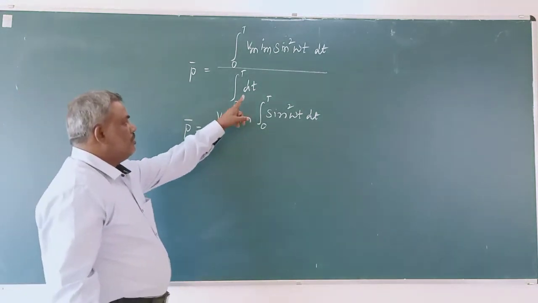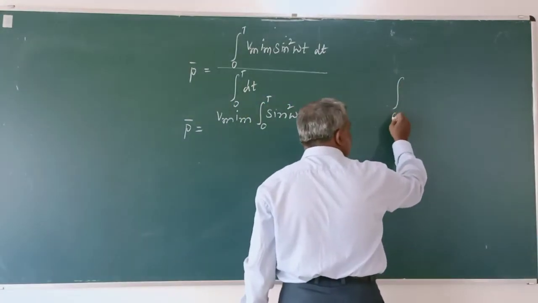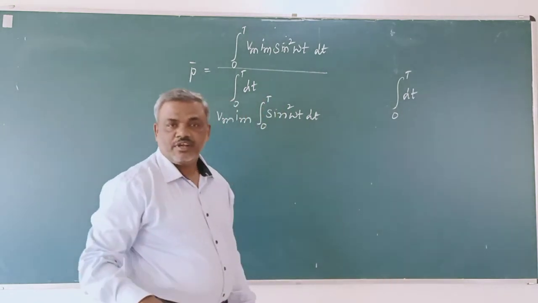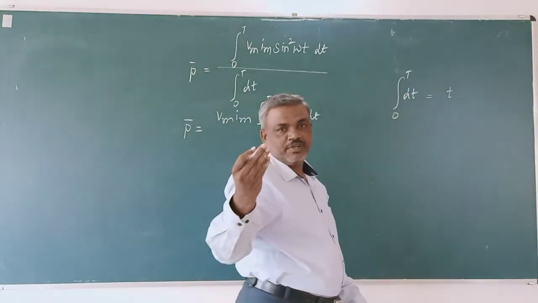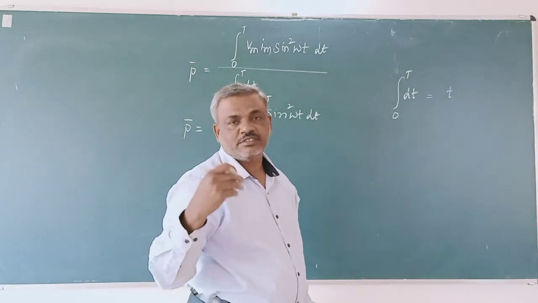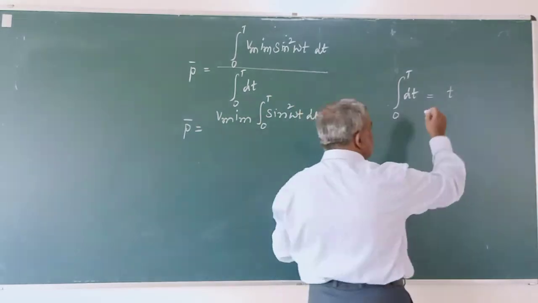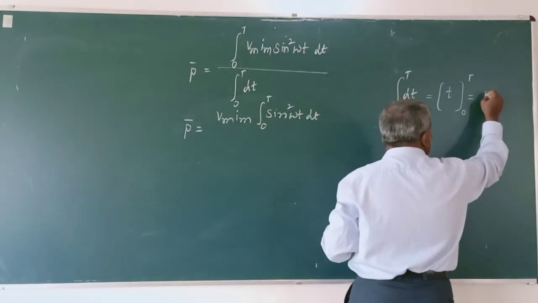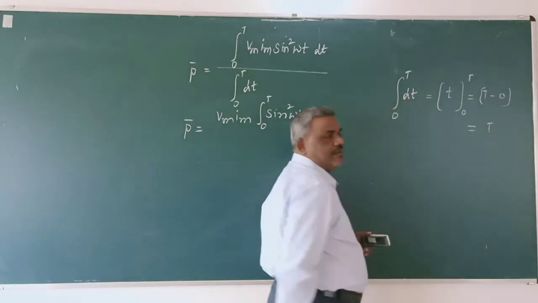Now take this one separately, integral 0 to T dt. So integral dt equals what? T, small t. Example in mathematics, integral dx is x, integral dy is y. Now integral dt is t. Limits here 0 to T, so T minus 0. So finally we get T.